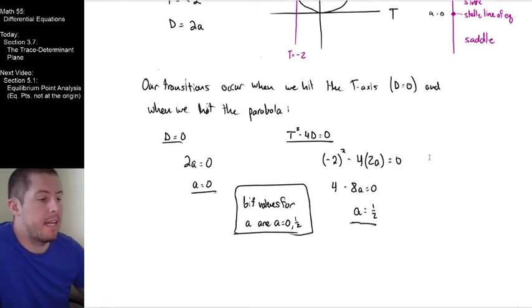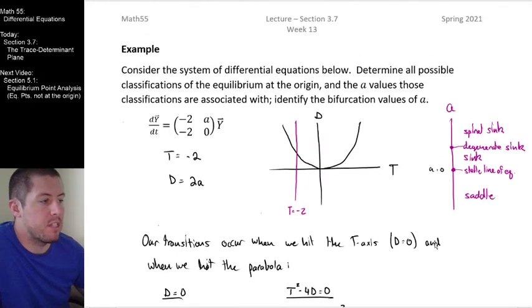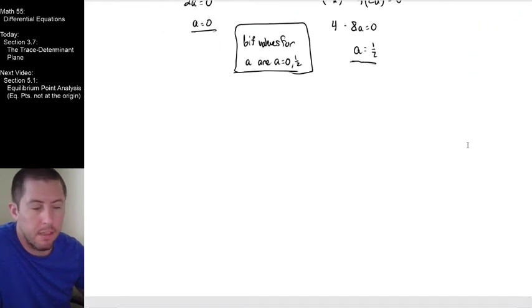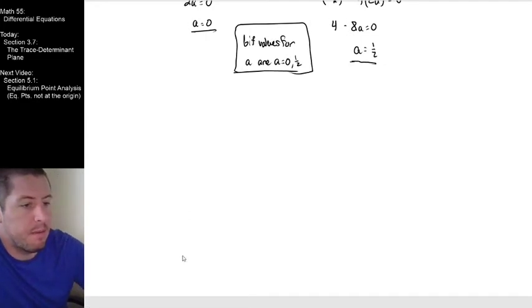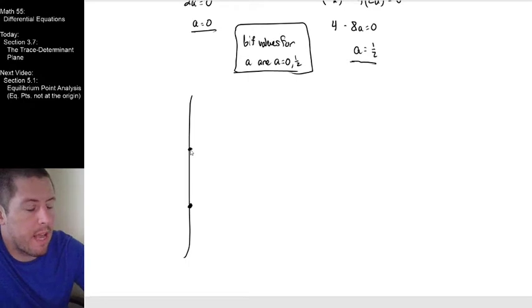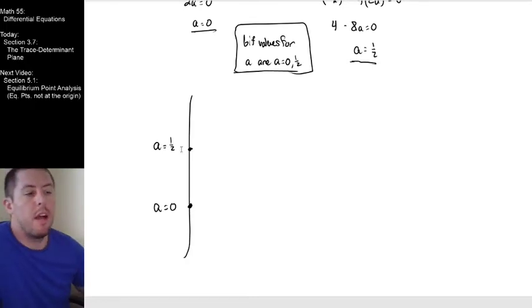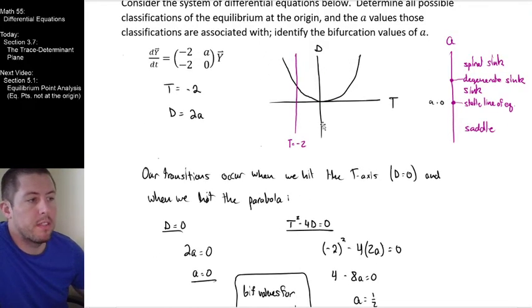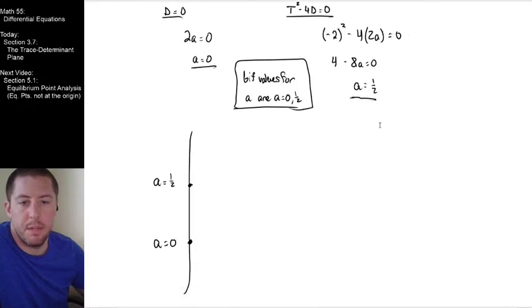And it looks like I can now list all of my classifications. So I'm basically just going to redraw this, but I'm going to be a little bit better about my listings right here. It seems like we're going to get a equals 0 and a equals 1/2. So a equals 0 is here. a equals 1/2 is here. And remember that I'm just drawing this line relative to its position in the trace determinant plane down here.